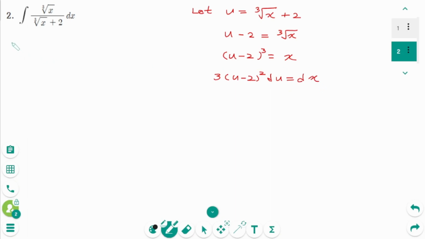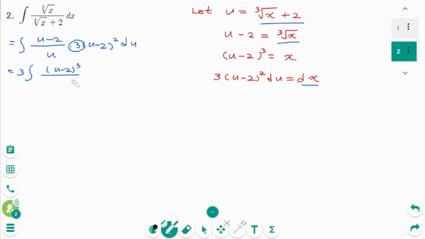Now replace all x with u. The numerator is u minus 2 over the denominator u, then dx equals 3 times u minus 2 squared du. We can rewrite as 3 times the integral of u minus 2 cubed over u du.